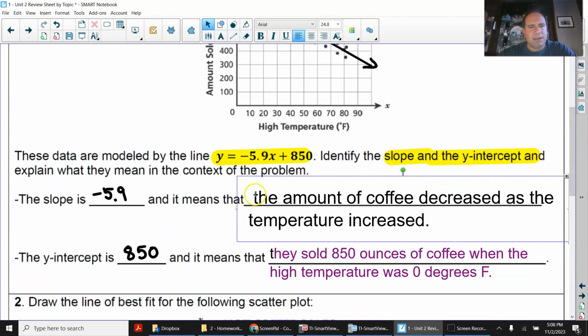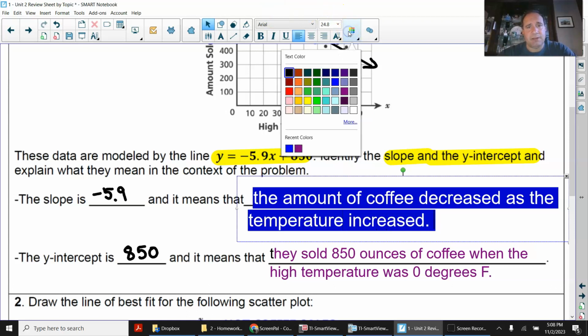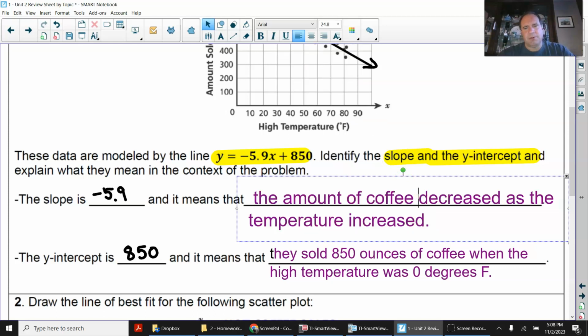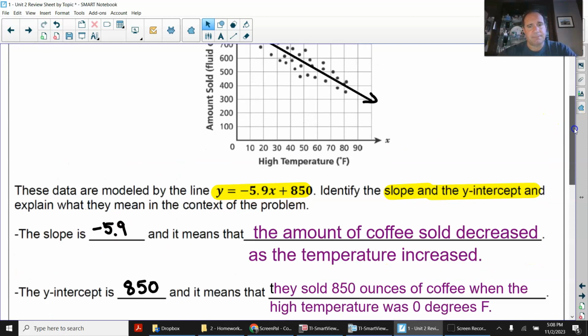It means that the amount of coffee sold decreased as the temperature increased. And that's to a unit of 1. Just remember, when you're figuring out slope or unit rate, it's to a unit of 1. And the y-intercept is 850, and they sold 850 ounces of coffee when the high temperature was 0 degrees Fahrenheit. All right, and that's what the 850 represents.